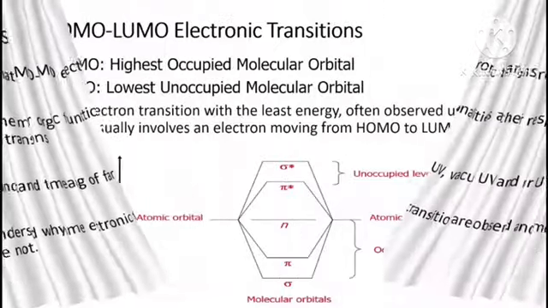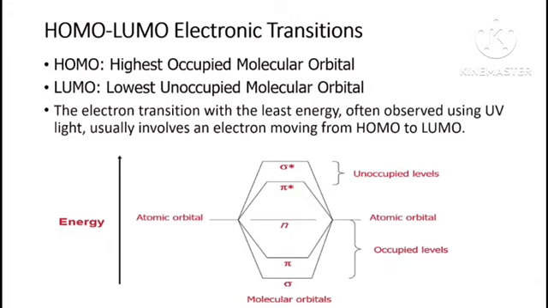So we'll talk about HOMO to LUMO electronic transitions as the first thing. When we talk about HOMO to LUMO transition, HOMO simply means highest occupied molecular orbital. If you follow the cursor as you usually do, on the diagram below the slide, when we talk about highest occupied molecular orbitals, looking at the molecular orbital diagram, there are several aspects.